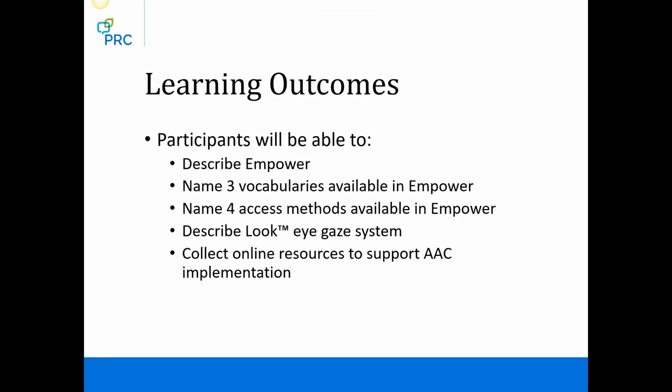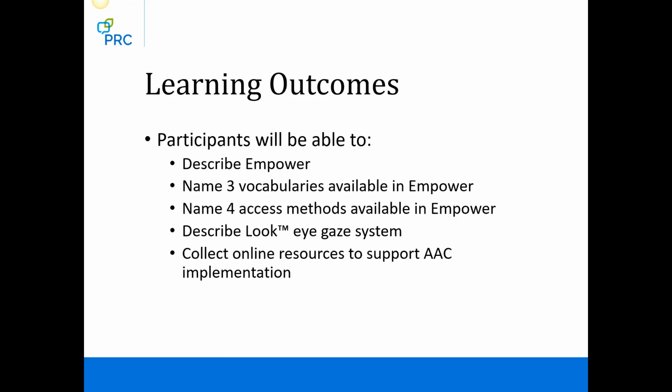Today, what we're going to do is describe Empower, which is our new operating system for our Accent devices, which hold our Unity and LAMP Words for Life language programs. We're going to name 3 vocabularies that are available in Empower, and name the 4 access methods available in Empower.